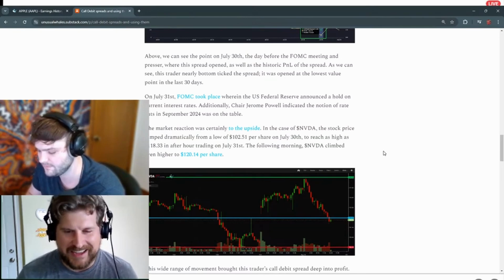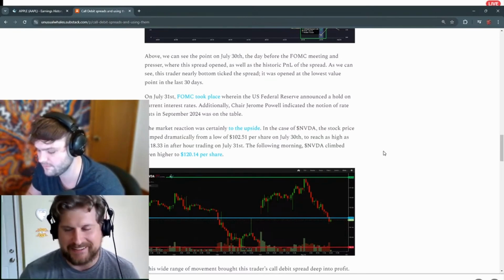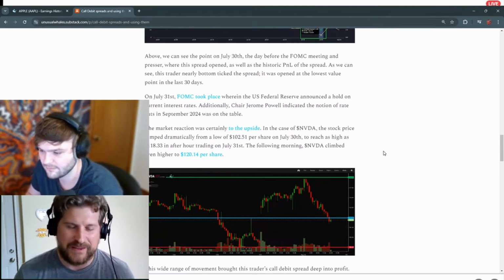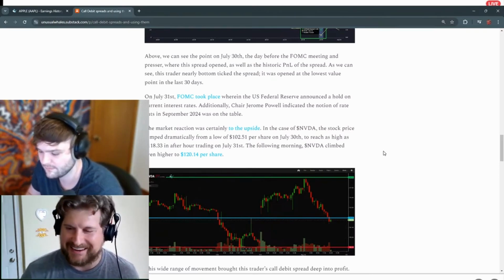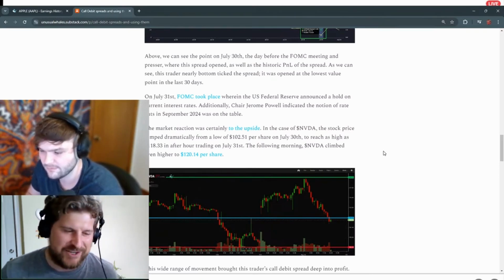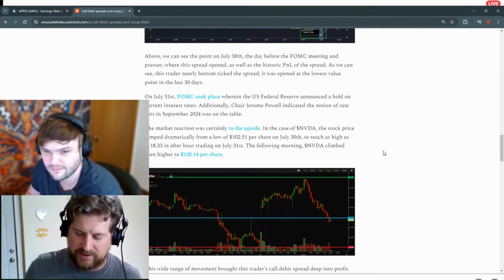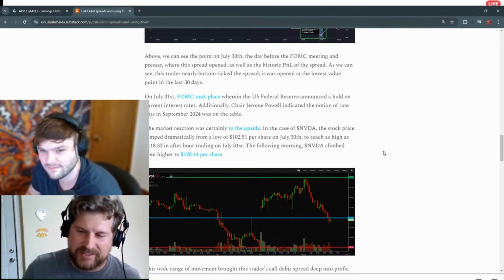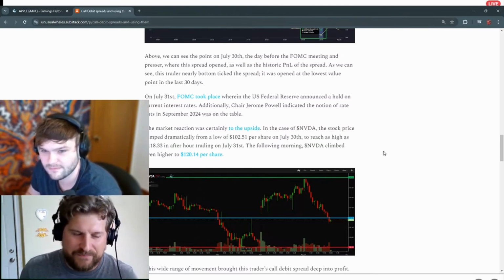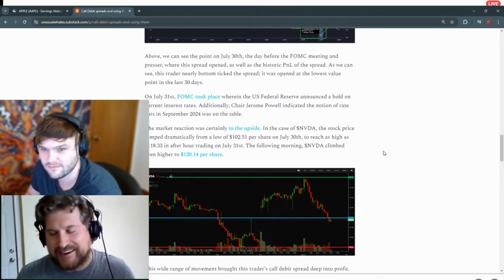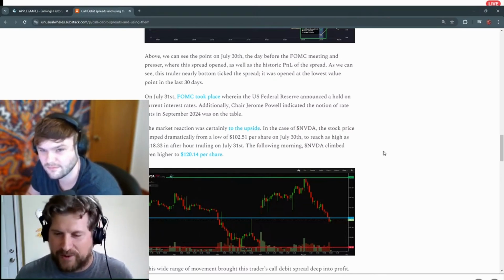Because you don't put on size like that and not affect the pricing of those two options, right? If some market participant is smashing the bid down on the 125 call, because remember it's a bull call spread, so they're buying the 115 and selling the 125, the counterparty taking all that short selling, the price on that is probably going to go down more than it otherwise would.